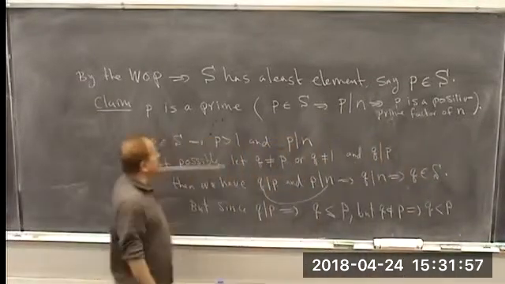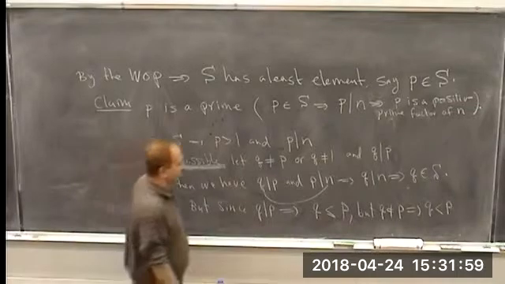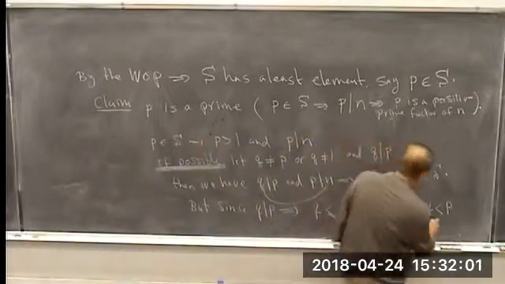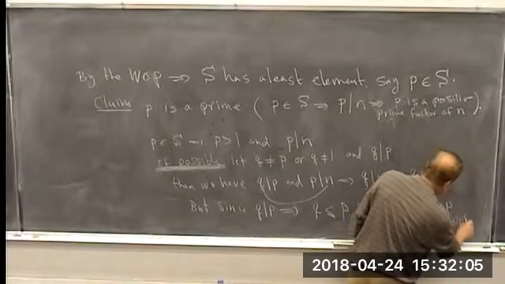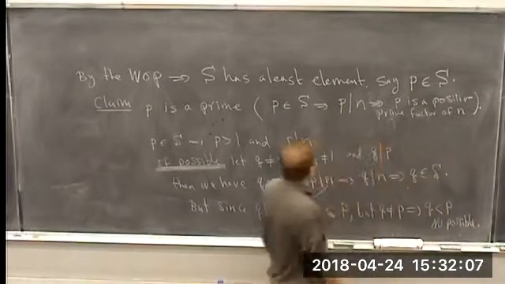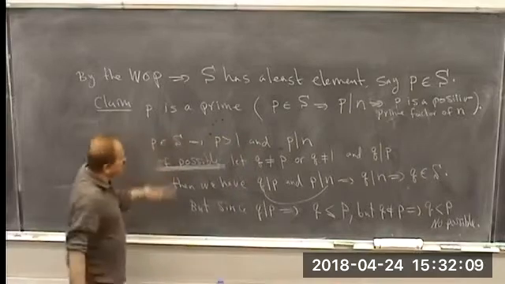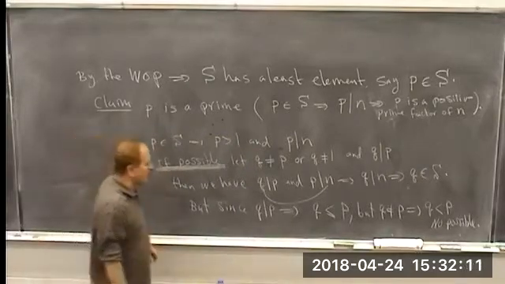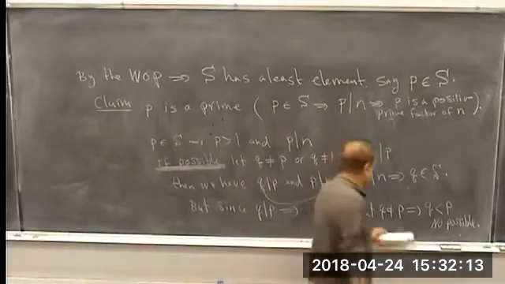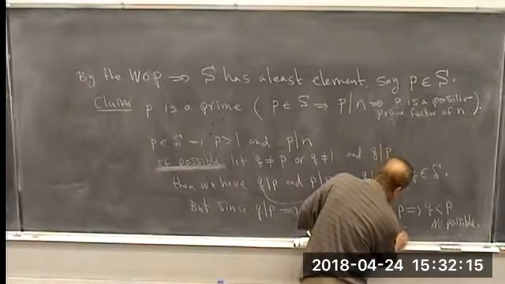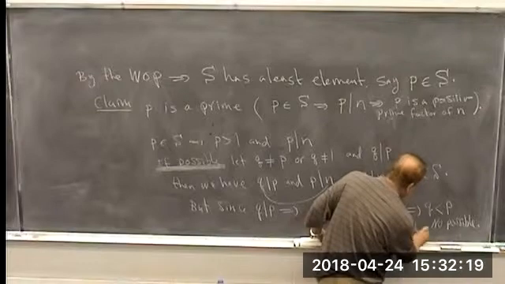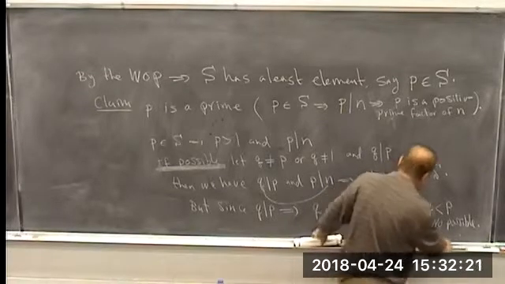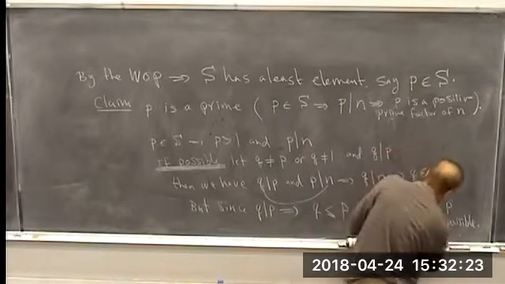It cannot happen because P is the smallest. So this is not possible. This means there is no Q. You could say it either by contradiction, or say this implies P has no non-trivial factors.